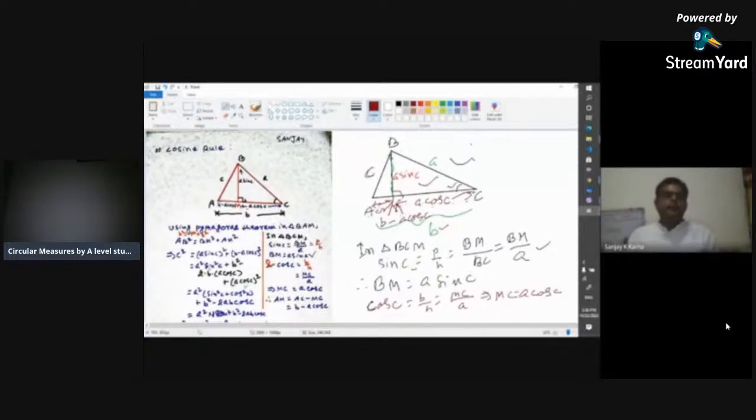So the length of AM is b minus a cos C. So we have a lot of information in this triangle that will help us to deal further. We have all the information from the triangle by using the sine ratio.